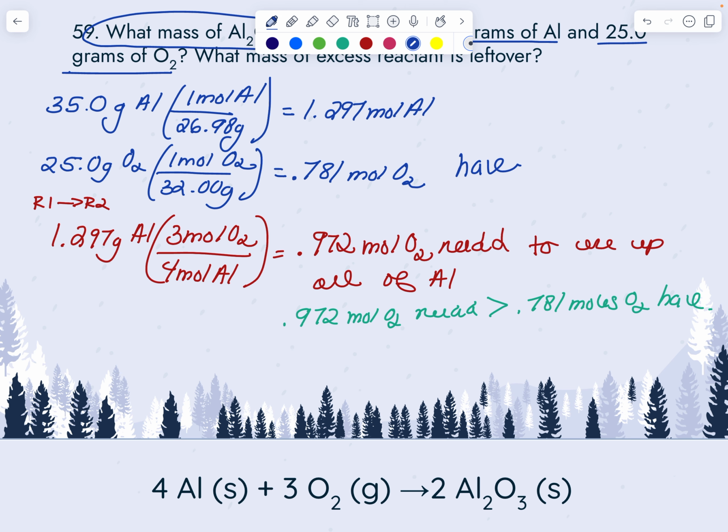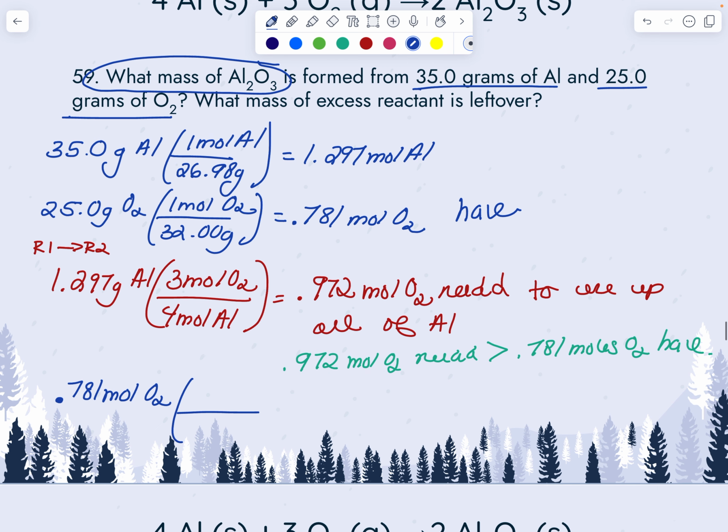So now I start with oxygen, 0.781 moles of oxygen, and I answer the question, right? Circle the do. What was the question asking me? What mass of aluminum oxide? Okay, the balanced chemical equation tells me that for every 3 moles of oxygen, I will make 2 moles of Al2O3, aluminum oxide, and 1 mole of aluminum oxide has a mass of 101.96 grams.